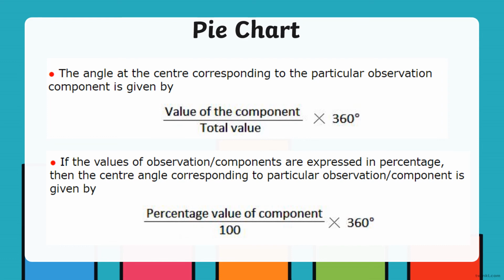But if the data is expressed in percent, all you need to do is the percentage value of the component over 100 times 360 degrees. That is how you construct the precise angle measurement for each of the sectors in a pie chart.